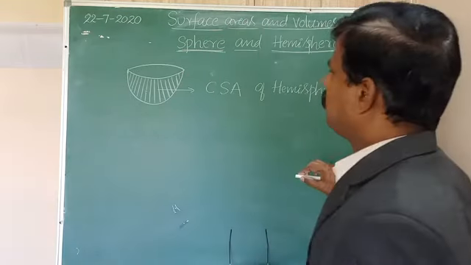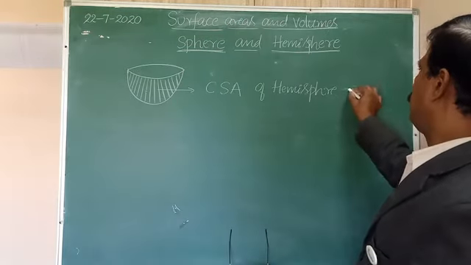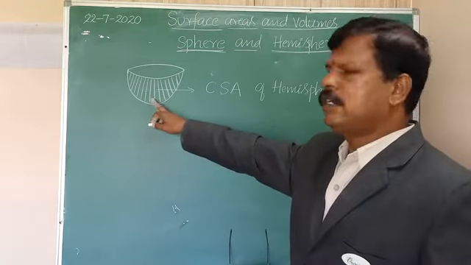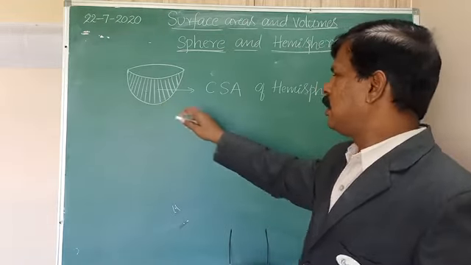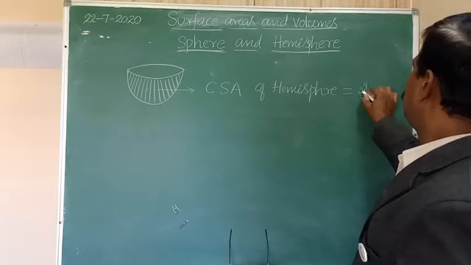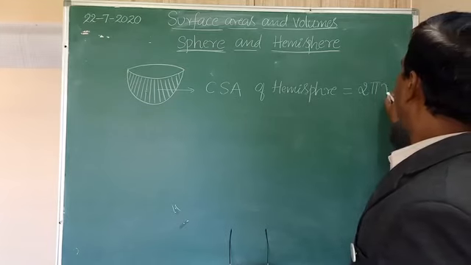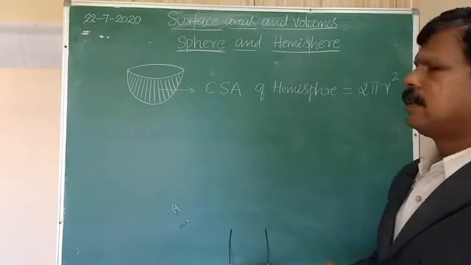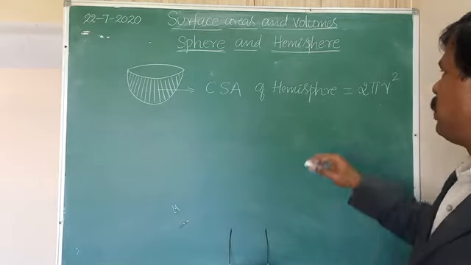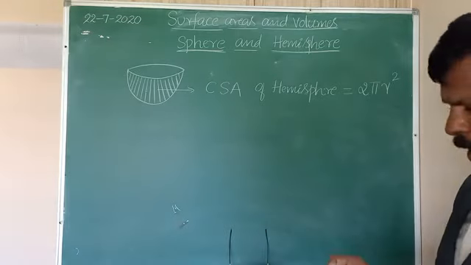The curved surface area of a hemisphere is equal to only 2 pi r square. Curved surface area of a hemisphere is 2 pi r square.